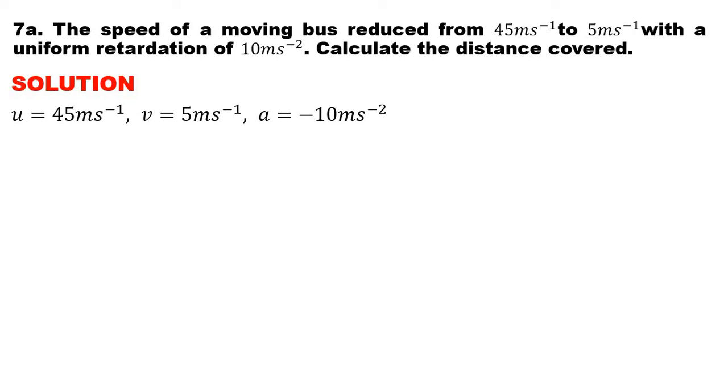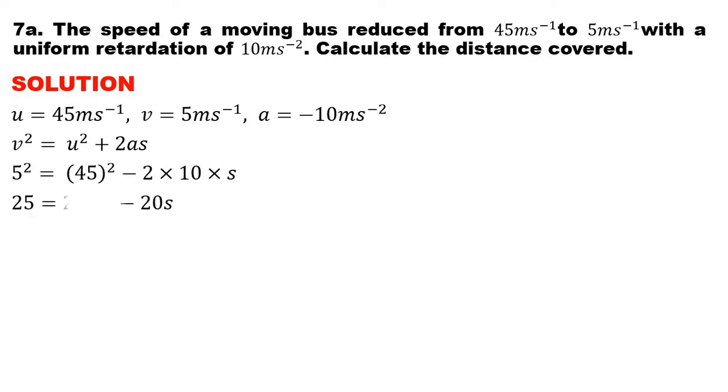So I'm going to use this equation of motion, v square equals u square plus 2as, where s is our distance covered. So substitute the values and then we'll work out what we have.